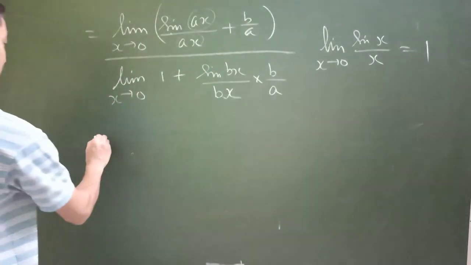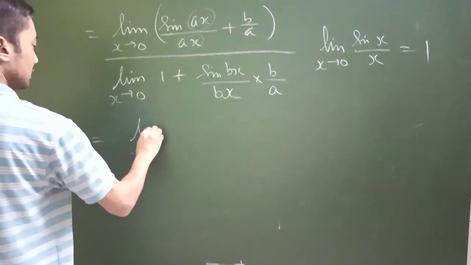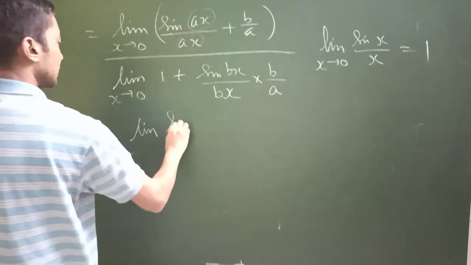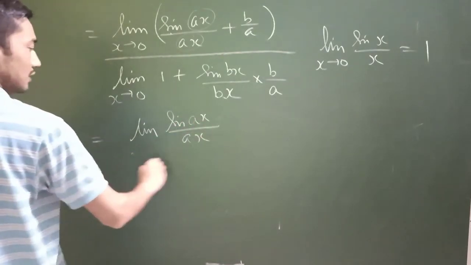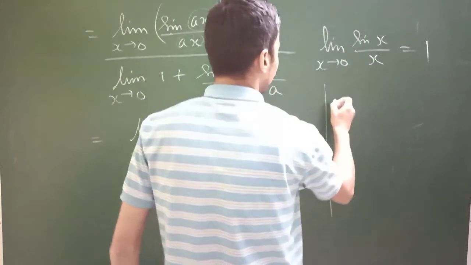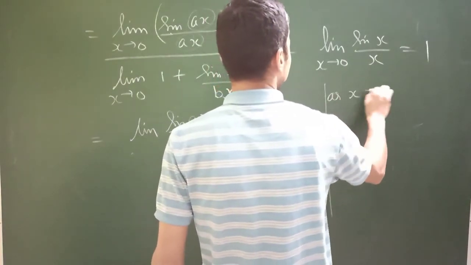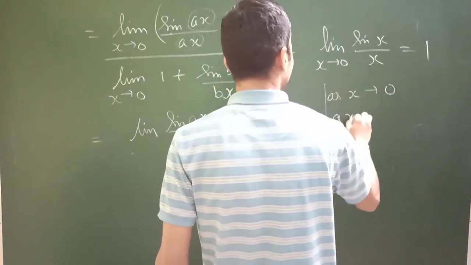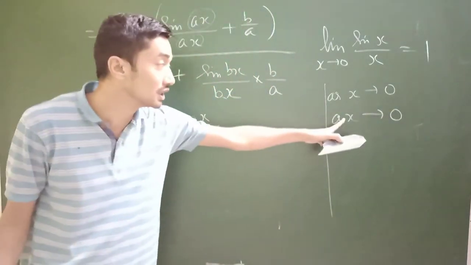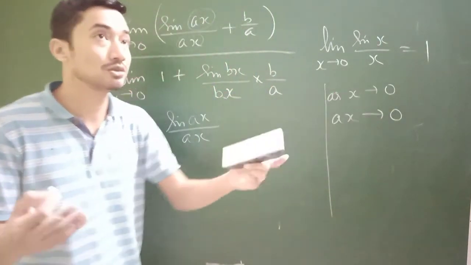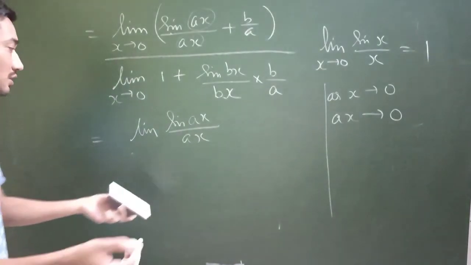Okay, so after that, now let's check out here. Sine of ax by ax. Now you see, as we've already done, as x tends to 0, what will happen to ax? Ax, of course, will also tend to 0 because it's a product. So as x tends to 0, a into 0, approximately 0, will also tend to 0.